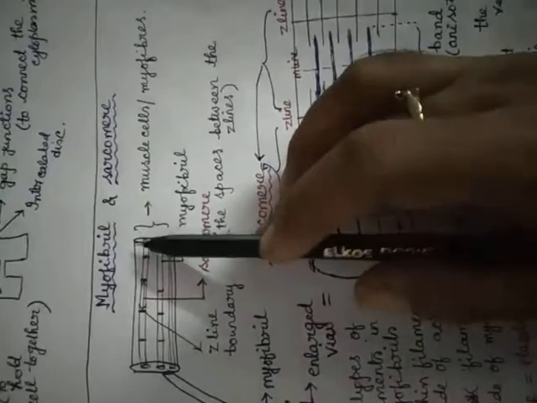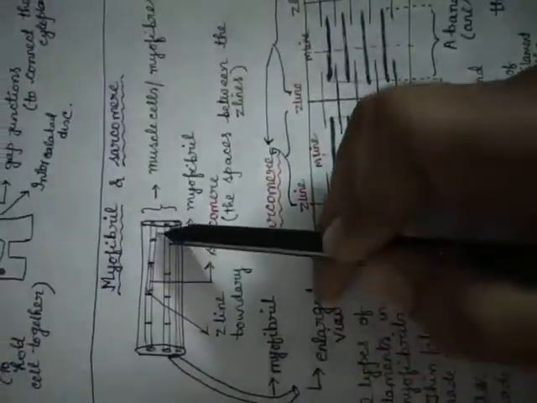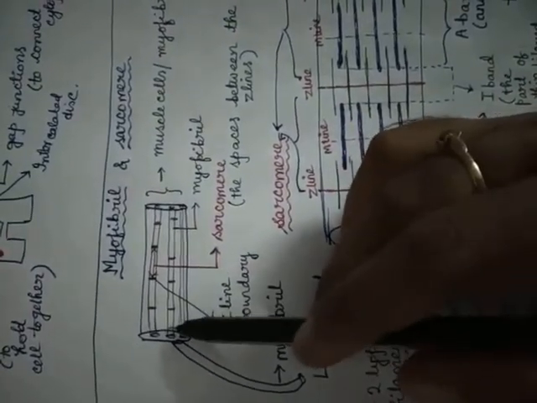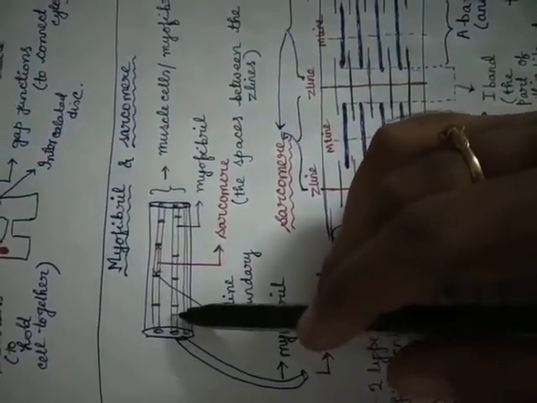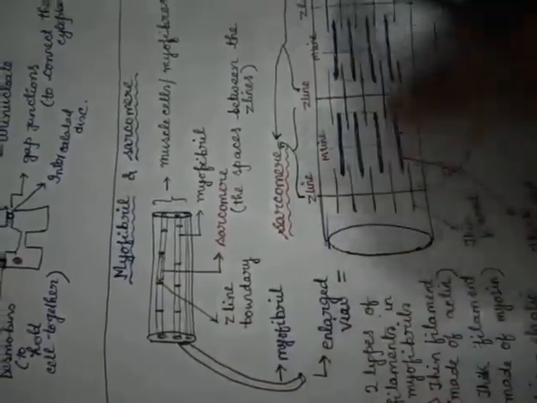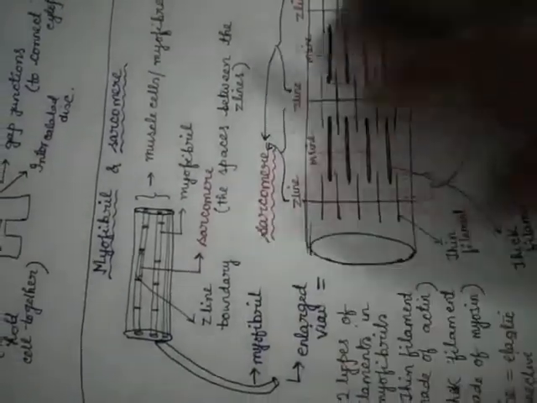First, we have the muscle cell, and within the muscle cell, myofibrils are present. Again, we pull out one myofibril and see what is present inside it. Here I am showing you the enlarged view of one myofibril.